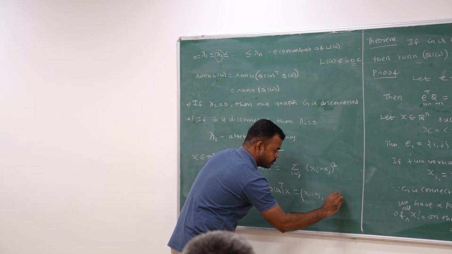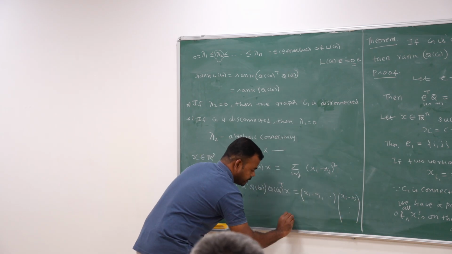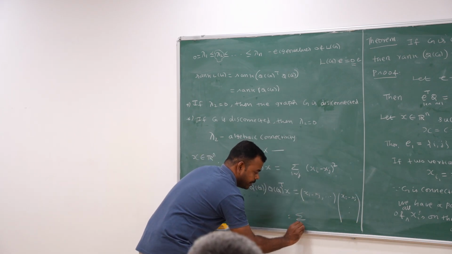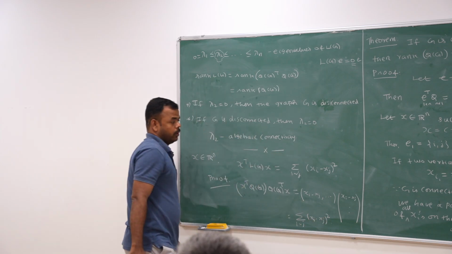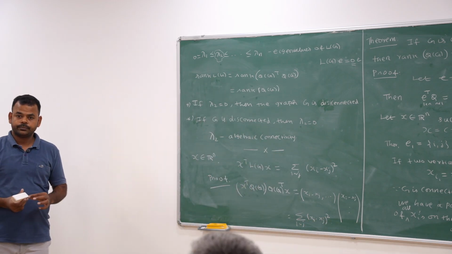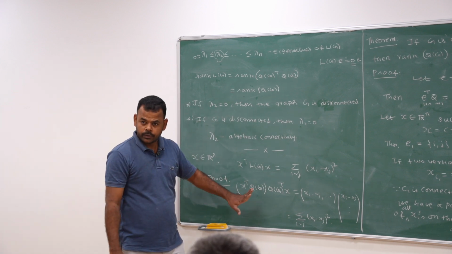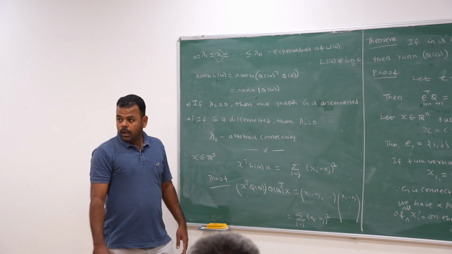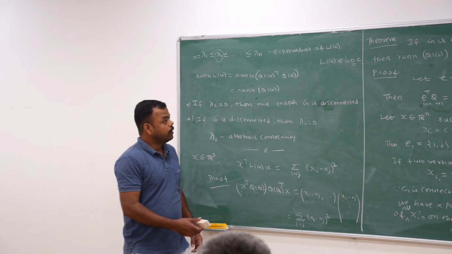Next we are taking the transpose of it, it is xi minus xj and so on. So just take the dot product of it, you are going to get xi minus xj the whole square. I just explained for the first row. It's okay, right? You okay with this? Okay.